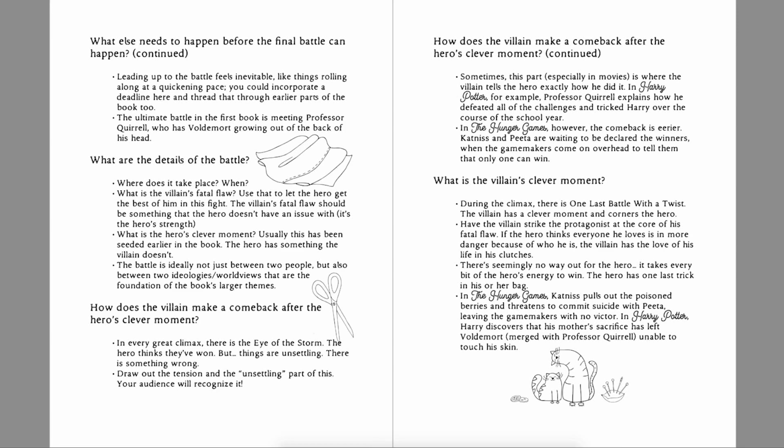So then the villain has a clever moment, and the villain's clever moment for the Hunger Games is that they say, actually, only one of you can win. There's two of you left. Only one of you can win. We changed the rule before, and we change it again. And so the villain is expecting this really great finale.